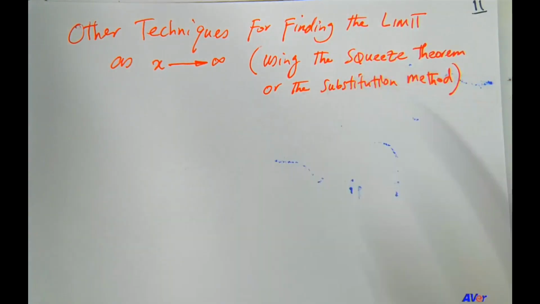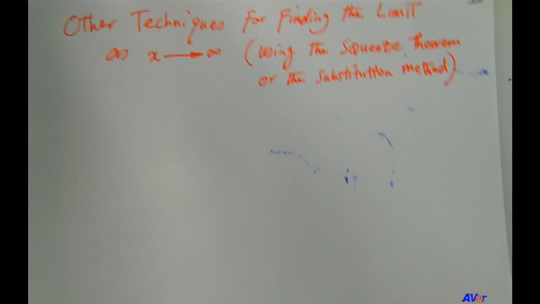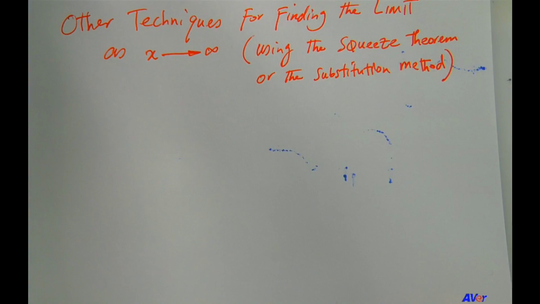We use the substitution method in Math 126 especially when we were solving equations of higher power by converting them to a quadratic function. Remember that? When we substituted another variable for x squared, and we converted the higher degree polynomial function to a quadratic function, and we were able to solve the function that way.